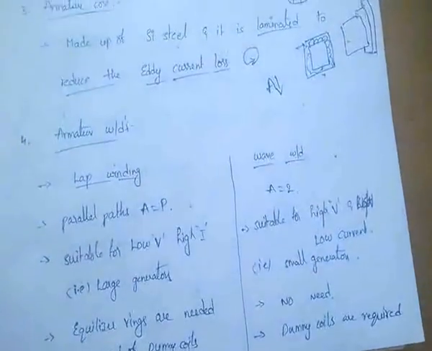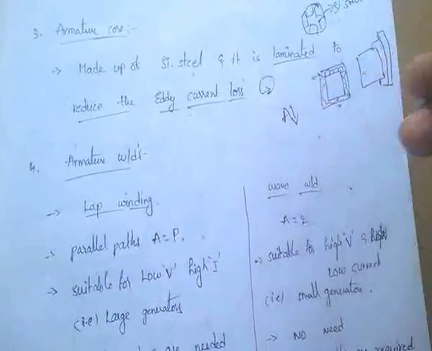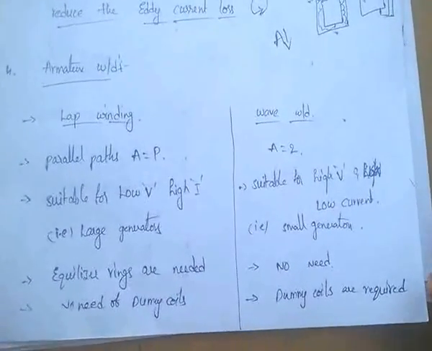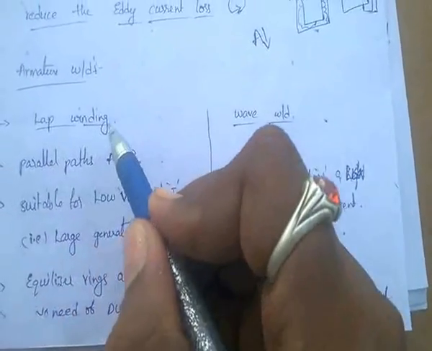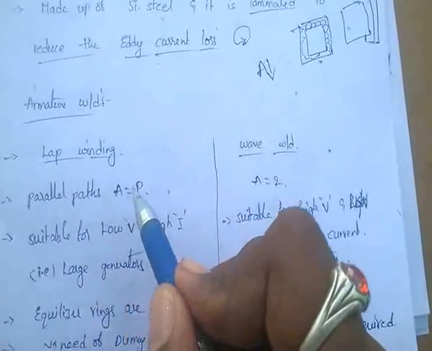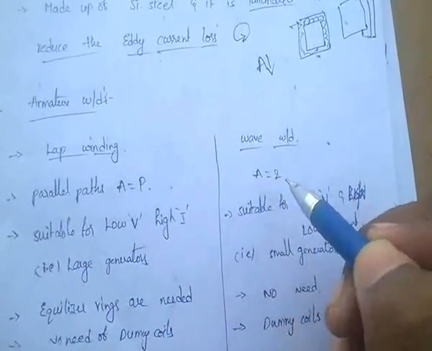Okay. Next, armature windings. These are mainly of two types: lap winding and wave winding. Coming to the lap winding, the number of parallel paths equals the number of poles. For wave winding, parallel paths is only 2.